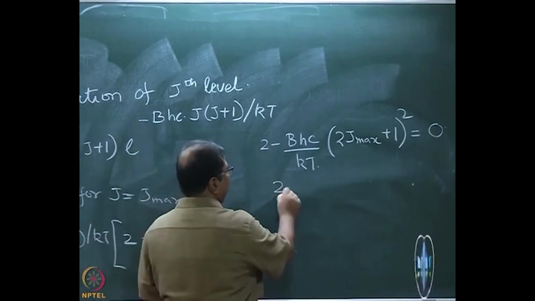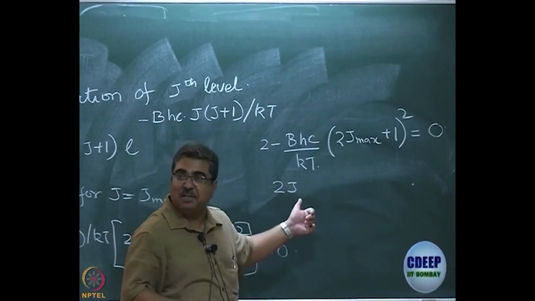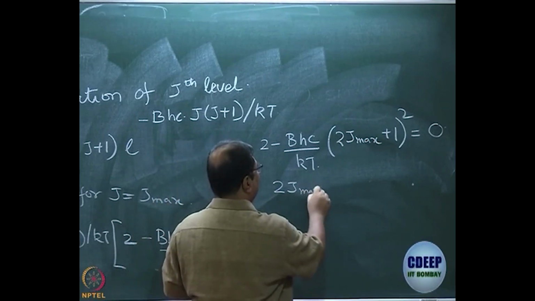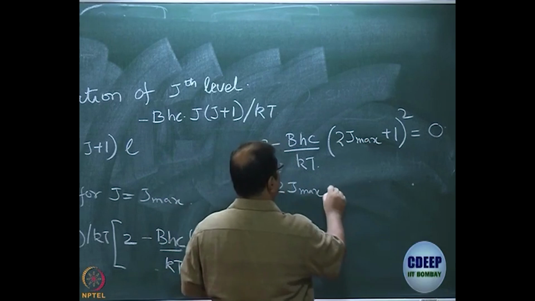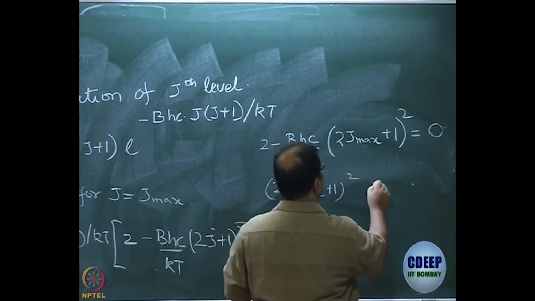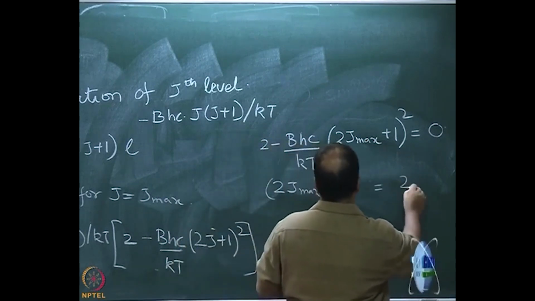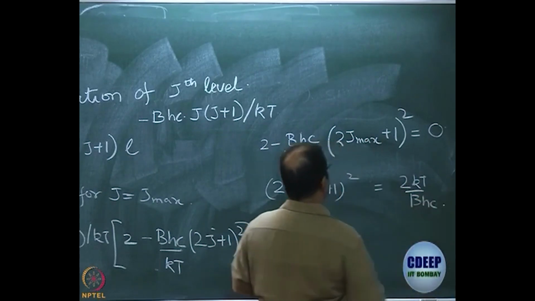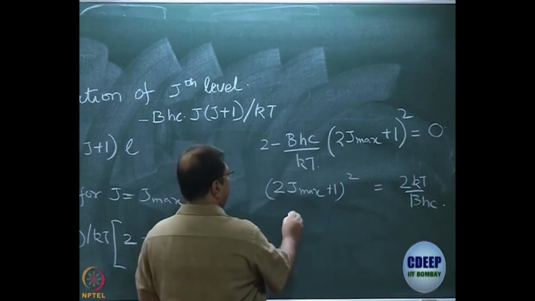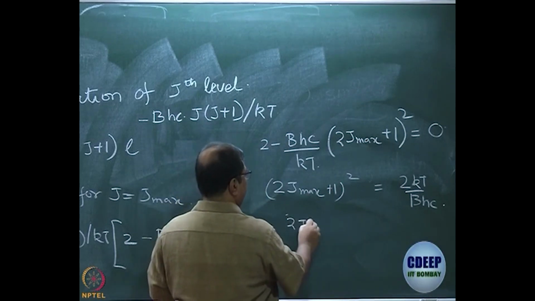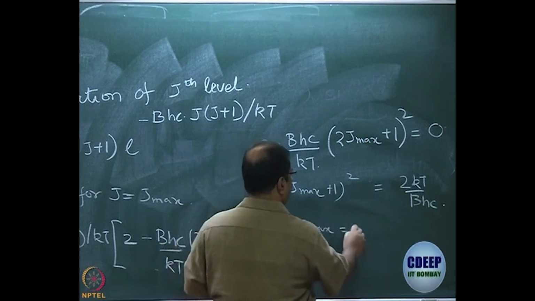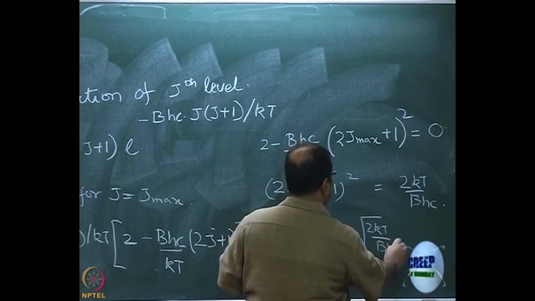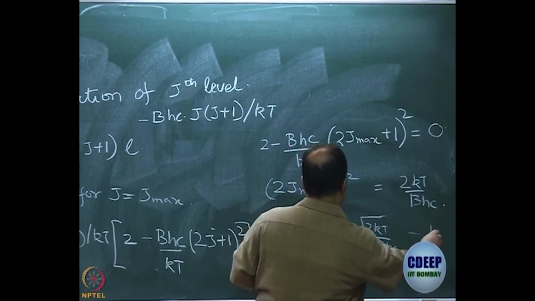So, please do it yourself. Please do it yourself independent of what I am doing, so that you can tell me whether I am right or wrong. So, 2J max plus 1 whole square is equal to 2 KT by BHC, and then we have 2J max is equal to root over 2 KT by BHC minus 1.